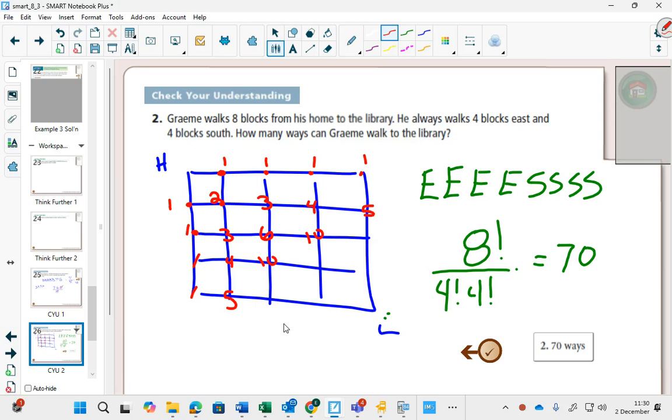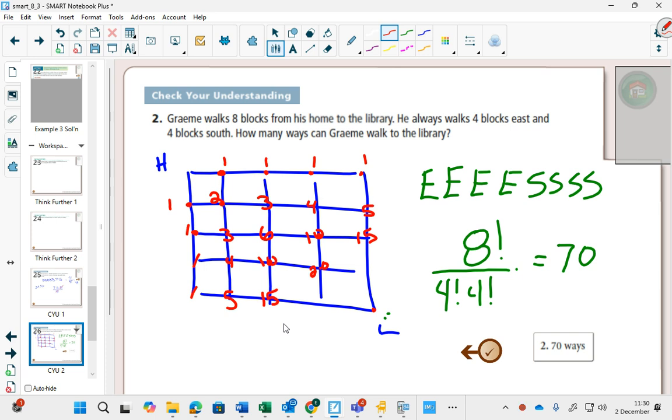In the end, we want this number to be 70. Now see if this makes sense to you. This 20. If I could get here in 10 different ways, and I could get here in 10 different ways, does it make sense that this is 20?